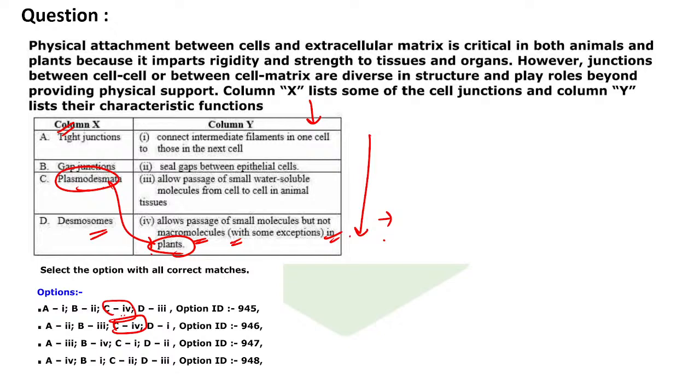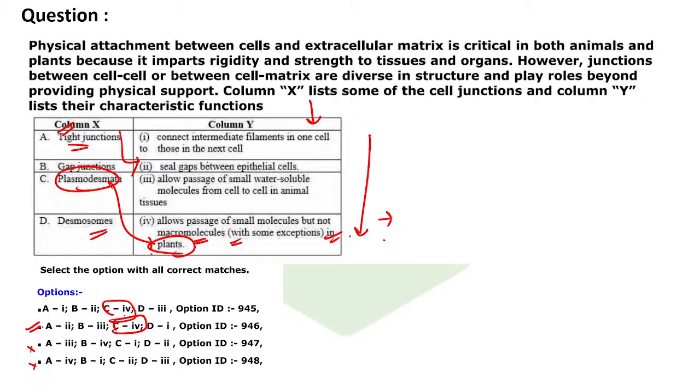If C gets marked with the fourth one, you can easily eliminate options C and D. That's the first easy thing. Then you have the tight junction, which seals the gap between the epithelial cells. So one gets marked with the second one. As a result, you have the correct answer as option number B.